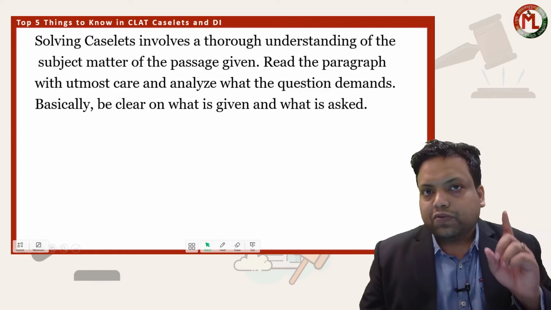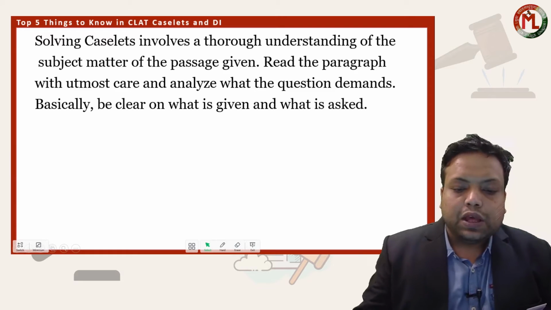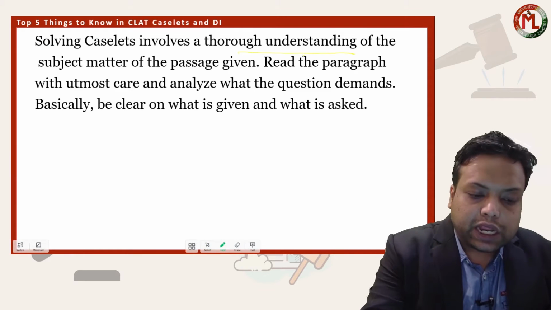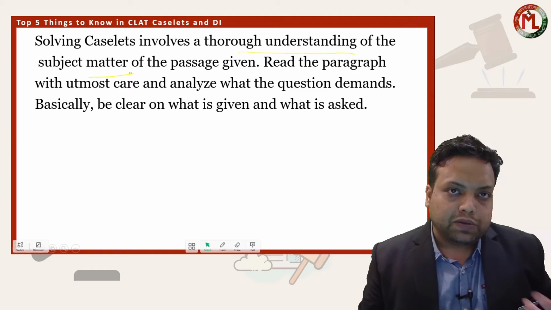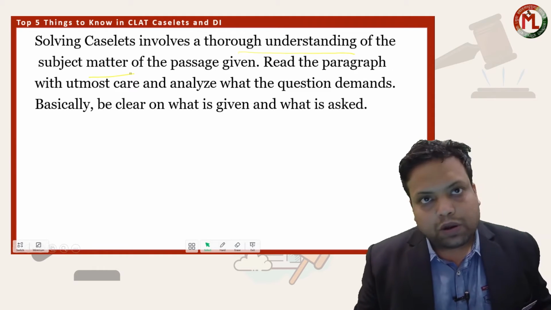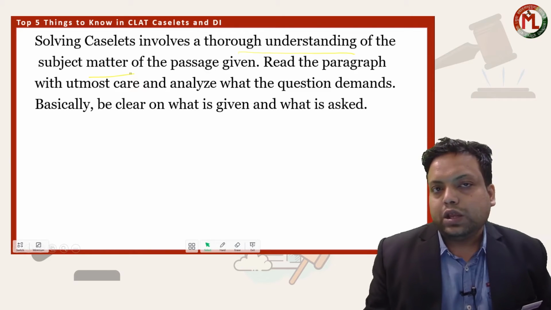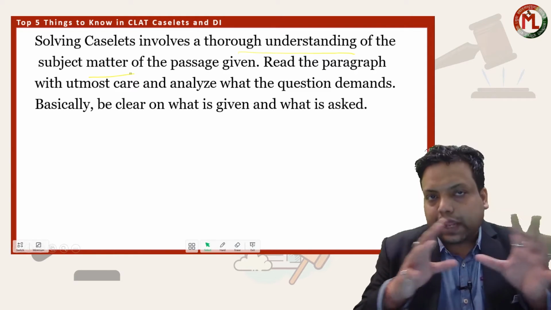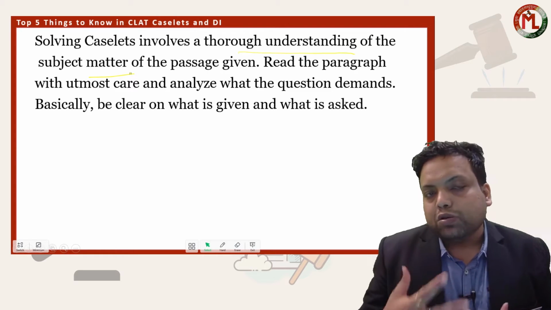So the first thing you should remember before solving this type of problem is you must have a thorough understanding of the subject matter, which in our case is the chapter on which DI is based, and you must take utmost care in reading the data and arranging it in a way which is easily accessible to you when you go to solve problems.